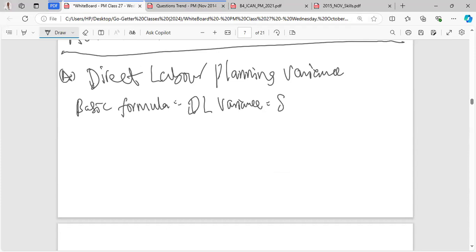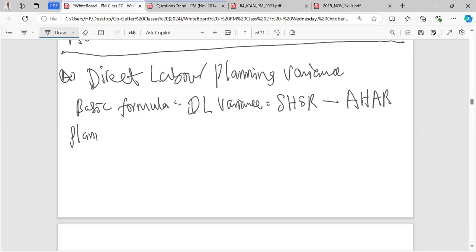It's normally standard as standard rate minus actual as actual rates. That's the normal direct labor variance. We are not told to divide it into rates and efficiency variance. We're just told to give just one variance, which is the total.